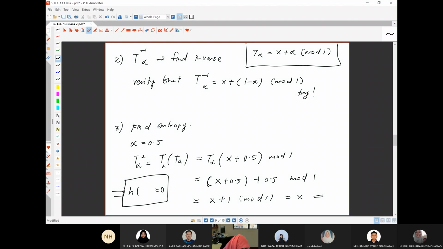T square, sorry. Actually T. This h of T square alpha equals to h of, you showed already, right? T square is equal to id, right? Correct? H of id is 0. Actually h of T.